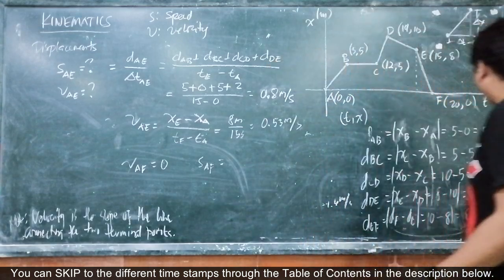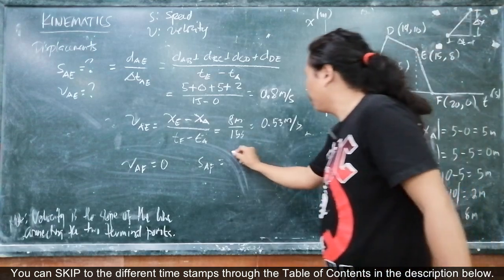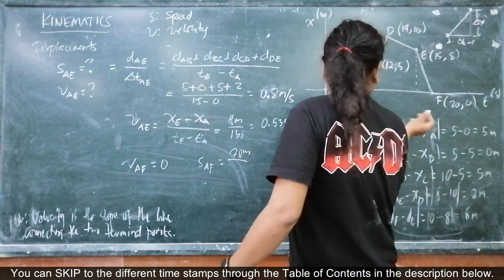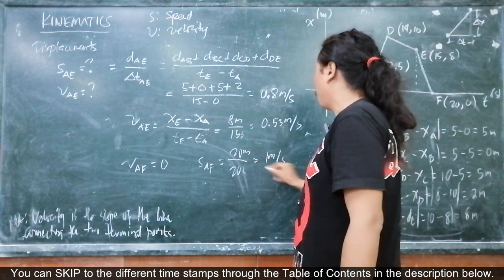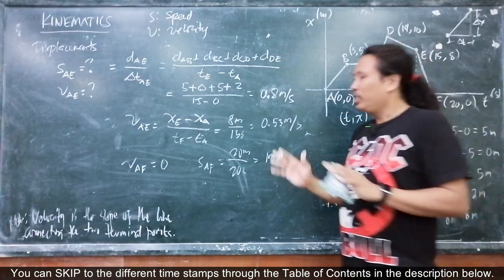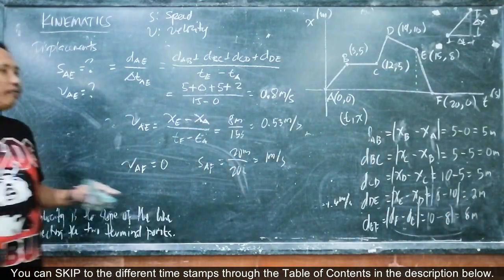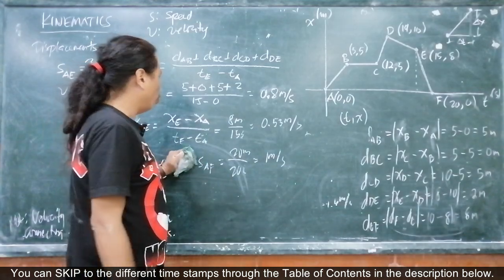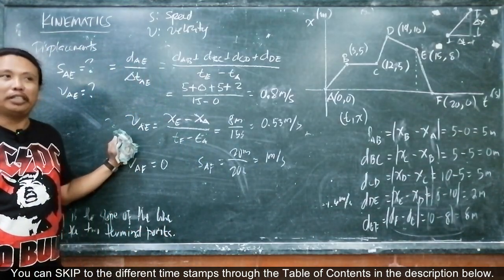So that would be 5 plus 0 plus 5, this is 20. So 20 meters divided by, what's the elapsed time? 20 seconds. So this would give us 1 meter per second. Now, this is the fundamental difference of the average velocity and average speed.